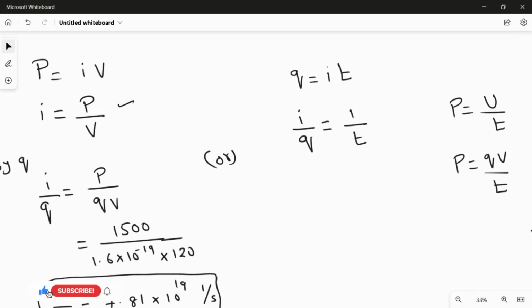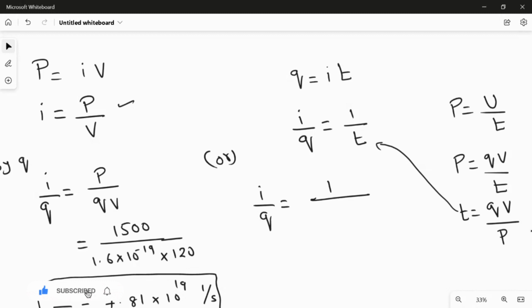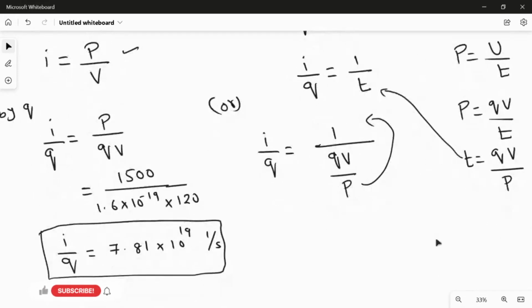If you rearrange this equation in terms of time, time is equal to charge multiplied by potential difference over power. I am going to take this value and substitute here. If you substitute, what will happen? I over Q is equal to Q multiplied by V over P, and this P will go to the top, right?